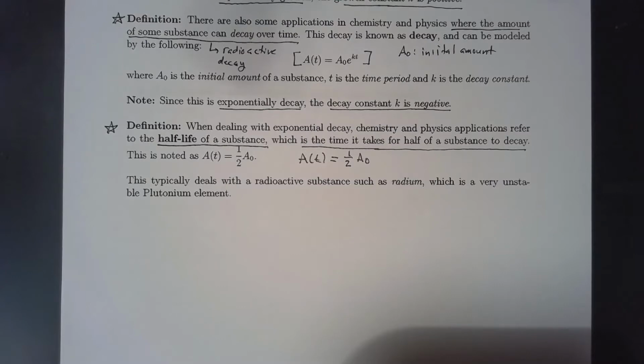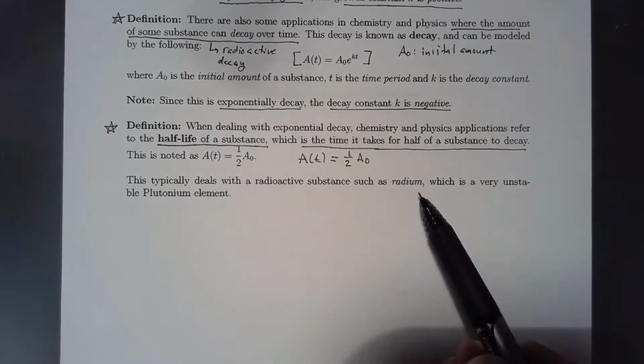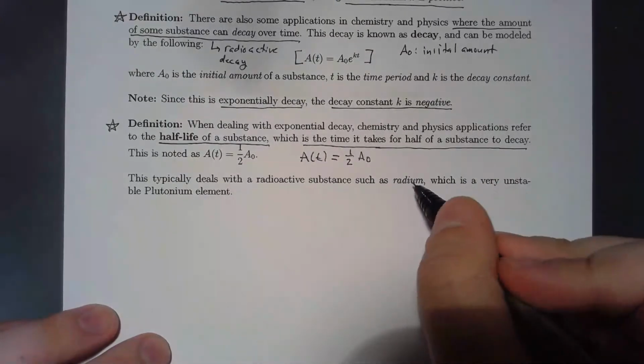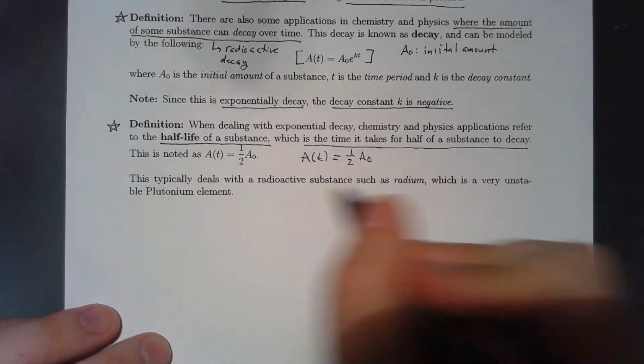A lot of different chemistry things, like carbon dating with skeletons, like with fossils. We could determine the age of fossils by looking at radioactive dating or carbon dating in the bones of dinosaurs or anything. We could use half-life to determine the age of these things. Radium is a very unstable element.